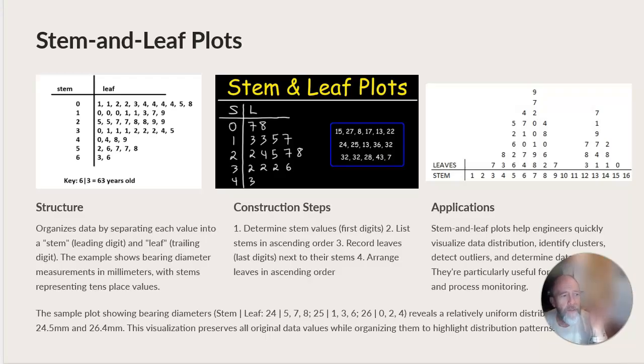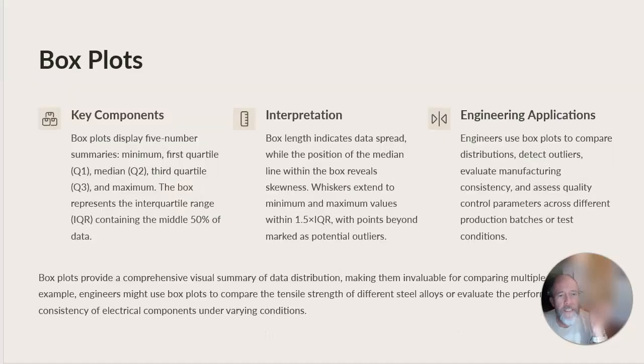The next one we're going to talk about is the good old box plot. The box plot shows you the median and quartiles. If you take the data and put it into four different ranges, first, second, third, and fourth quartile, with the middle being between the second and third quartiles, it shows you that middle piece.